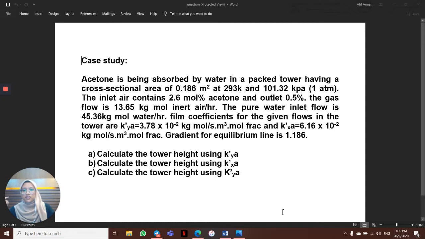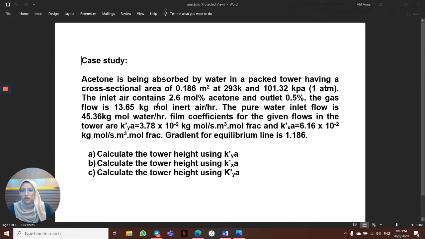In transport principal process, I am in LO1P2 and today I will try to solve the case study of this question. The case study is acetone being absorbed by water in a packed tower having a cross-sectional area of 0.186 meter square at 293 K and 101.32 kilopascal, which is 1 atm.